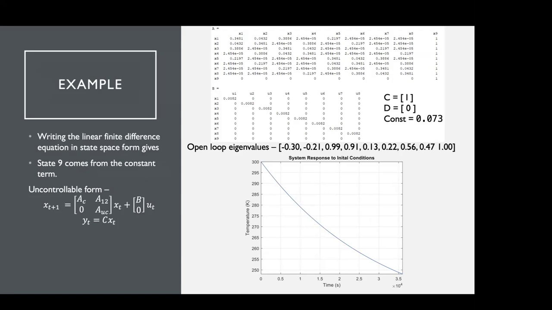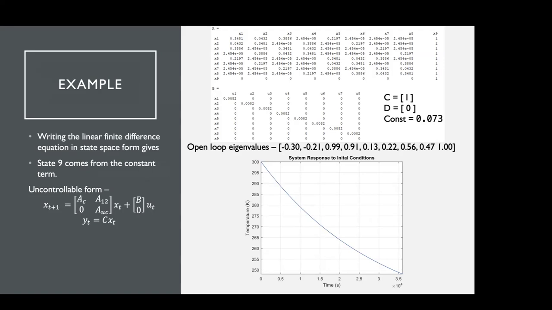So the AC, the controllable states, is going to be A, with X1 through 8 on both, so it's an 8x8. That's your controllable system. And then the last entry at position 9,9 is your uncontrollable state, which comes from the constant term, because you can't control a constant term.